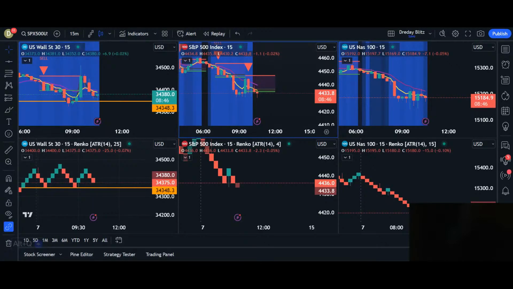The last signal that we had was the S&P 500 one at 9:45, and we had a 9:30 entry on US 30 on a buy side. But in Nasdaq, we didn't have any signals. So we're just going to wait and see where the market will go.